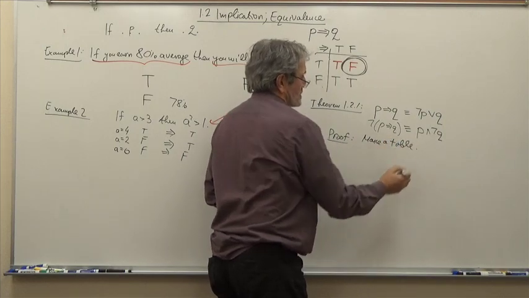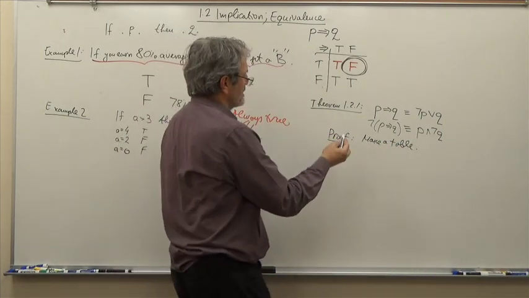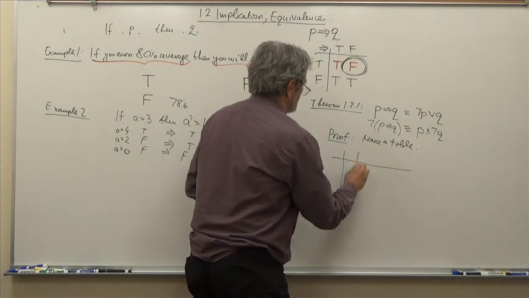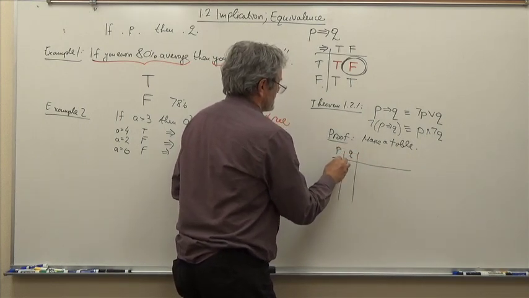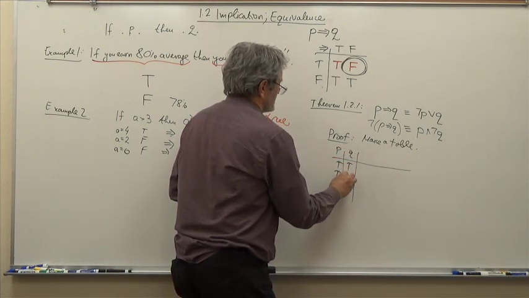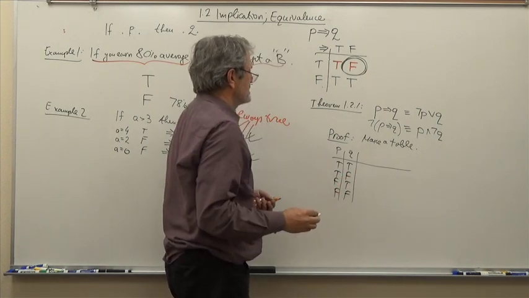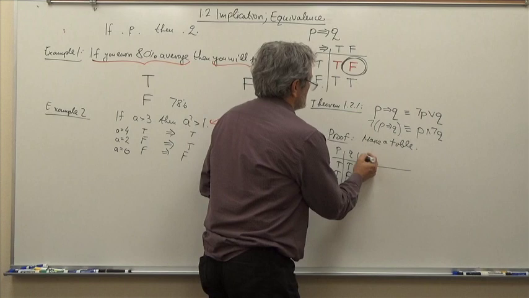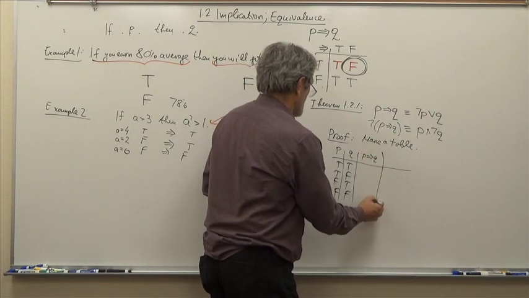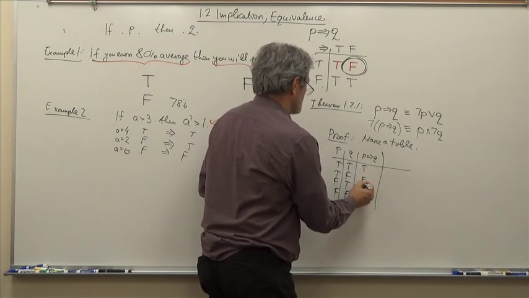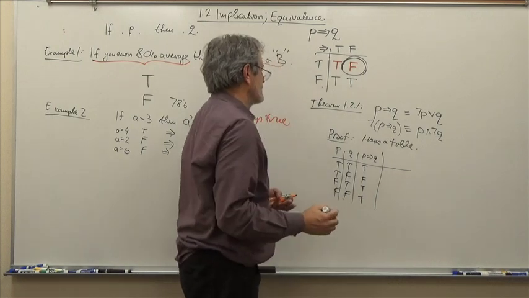Like we did in section 1, or let me do the second one actually. It doesn't hurt to practice this more often. True, false, false, true, false, false. So P implies Q is only false here, true everywhere else.